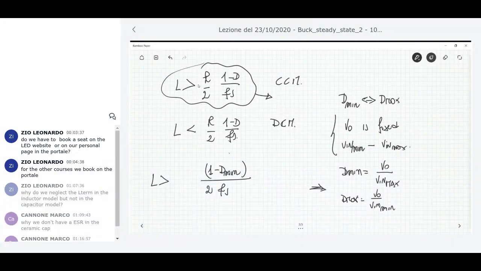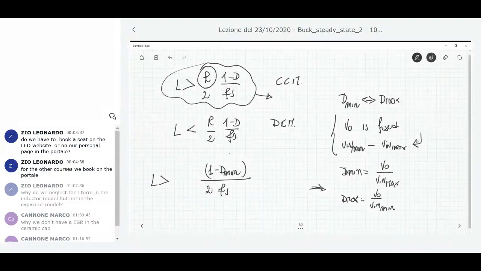The load is not fixed typically. This is an equivalent load, a representation of the ratio between the output voltage and the output current, so it has the dimension of a resistance, and this can change depending on the load. So typically this is not fixed, as happens for the duty cycle and the input voltage.